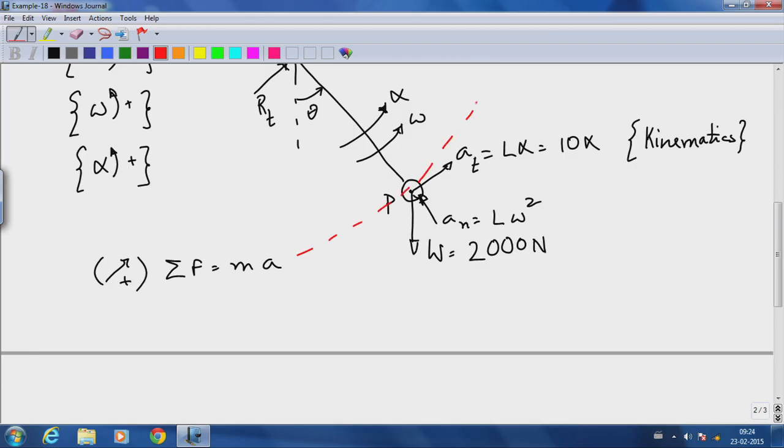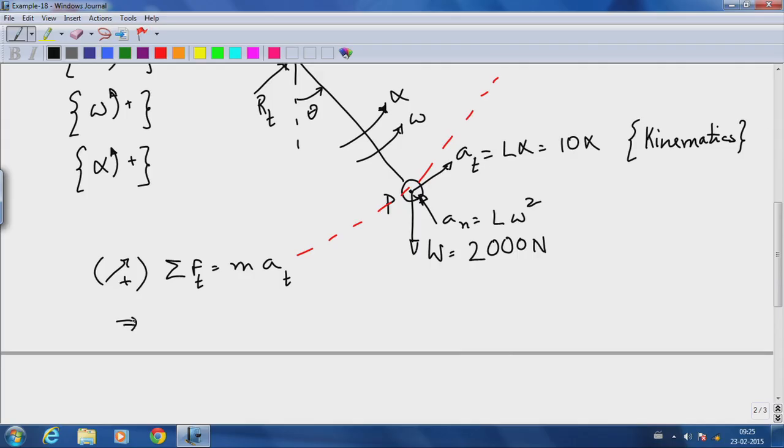You would not encounter this if the body was moving on a straight inclined plane. You would only encounter the normal acceleration when the body is moving in a non-straight path. So, let us take the sum of all tangential forces as mass times the tangential acceleration.